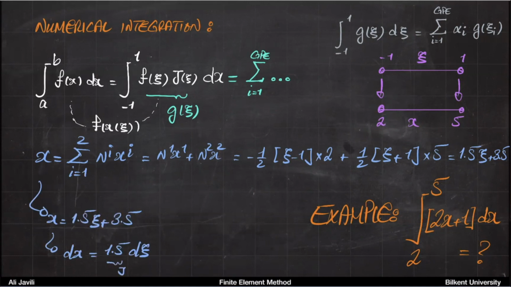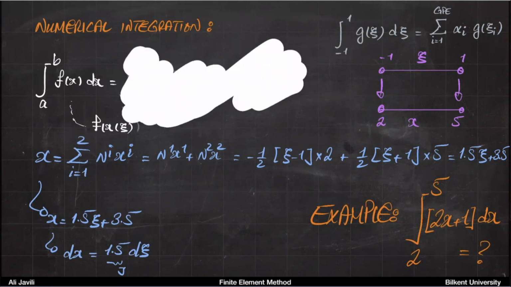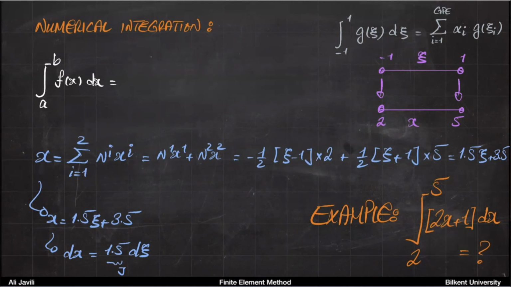Now in this integral that you have up here, you just do that. So instead of your integral, you can use these natural coordinates now. So you would have integral from -1 to 1.